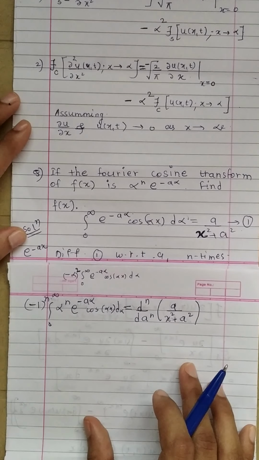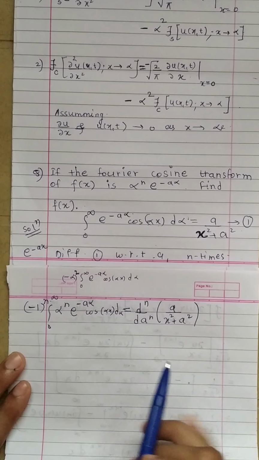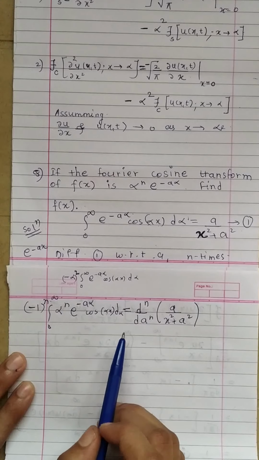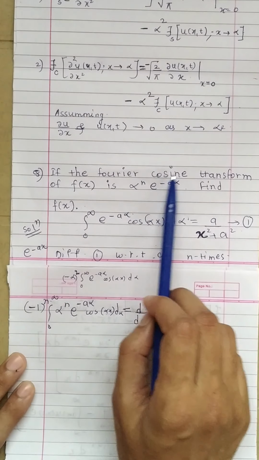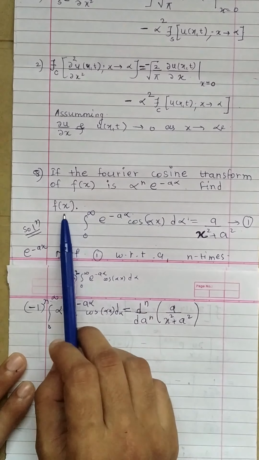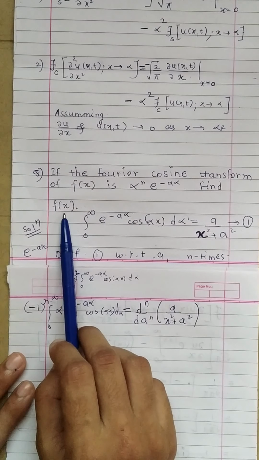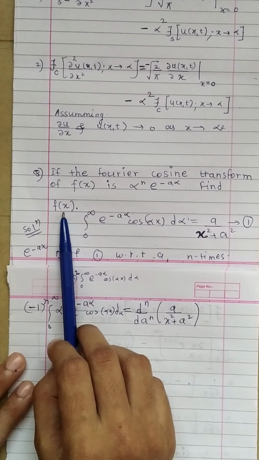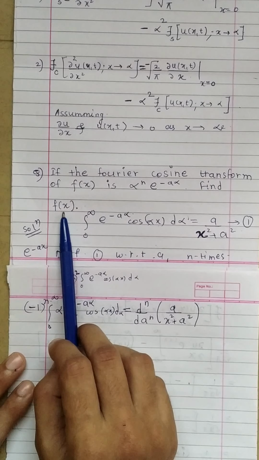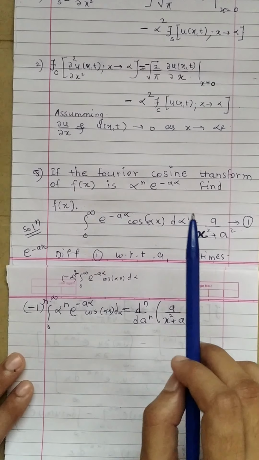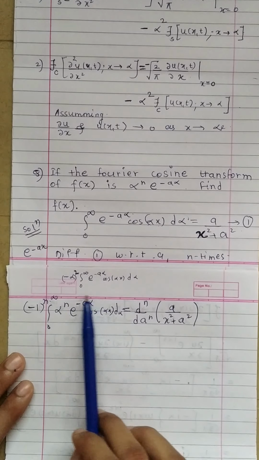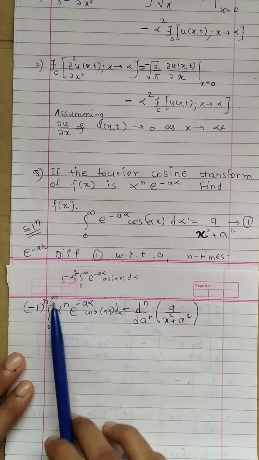And if you read the question again, you will notice that we are actually interested in this quantity only, because if the Fourier cosine transform is this, we want to find out f of x. So what will be the formula for f of x? f of x will be equal to root of 2 by pi integral from 0 to infinity this into cos alpha x into d alpha, and we are getting exactly that same quantity here.